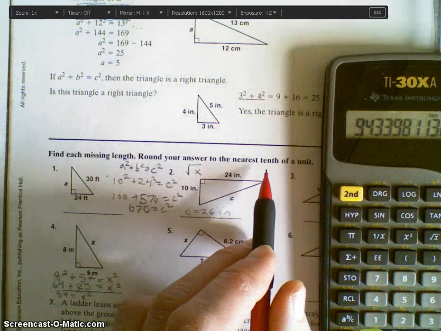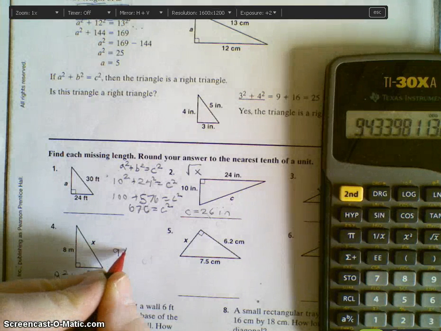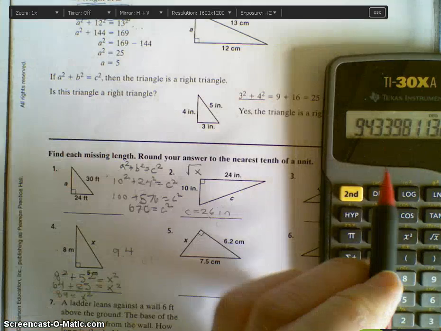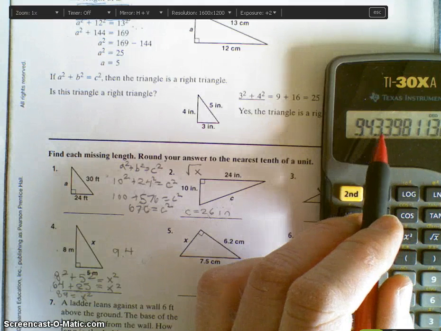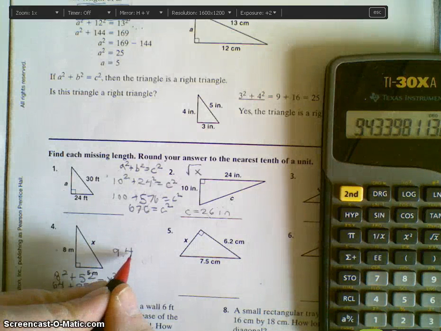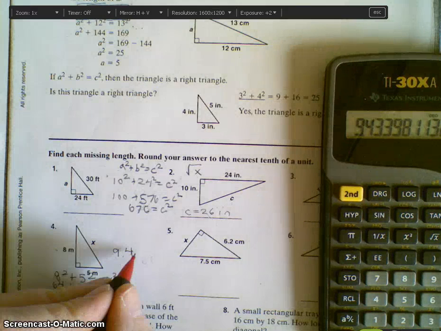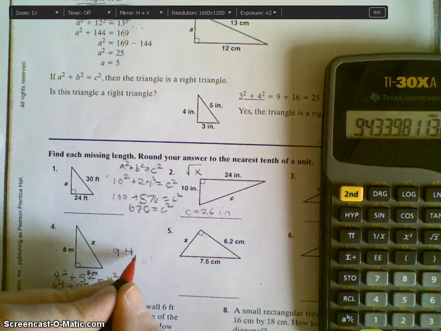So I remember that it's 9.4, and I now just look and see, well, it's a 3 up here as my next number, so therefore, does it go up or down? It does not go up because it's a 3. Never go down, but 9.4 is going to be our final answer, and that's just 9.4 meters.